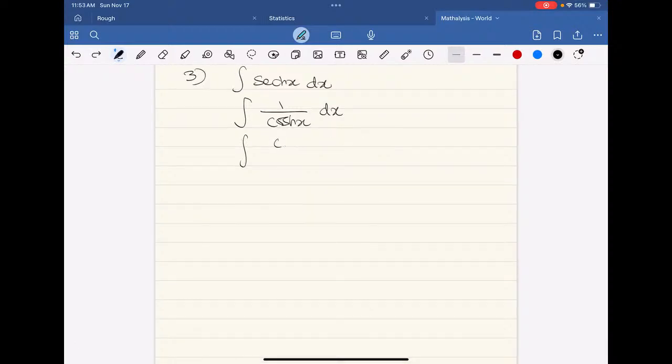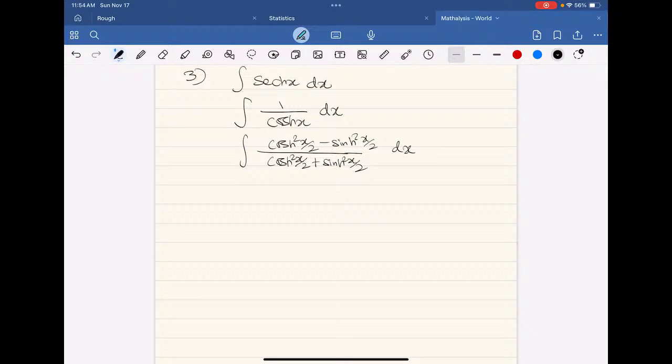Or okay, what I can also do is I can change this cosh x as cosh square x by 2 plus sinh square x by 2, right? And in the numerator also I can write 1 as cosh square x by 2 minus sinh square x by 2, right?